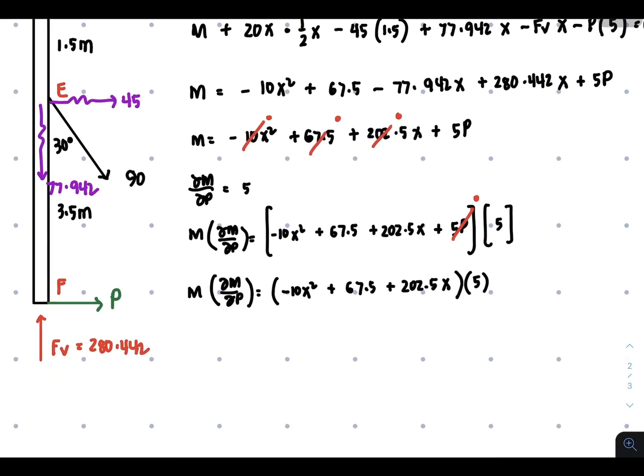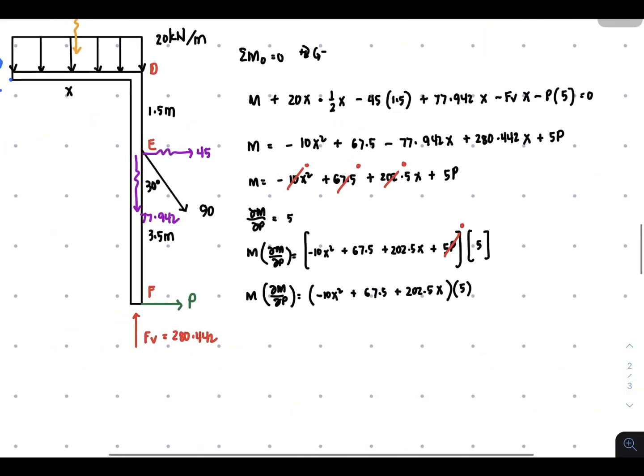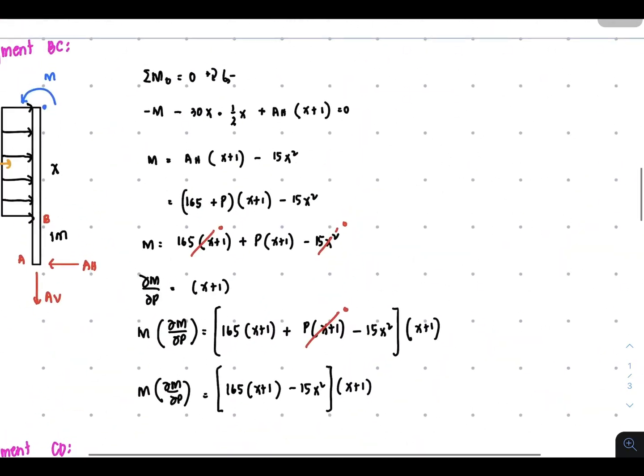So it's all up to you if you're going to distribute that 5 to the other parentheses. Anyway, it's going to be just the same. So just leave it just like that. Okay, so we're through with segment CD.